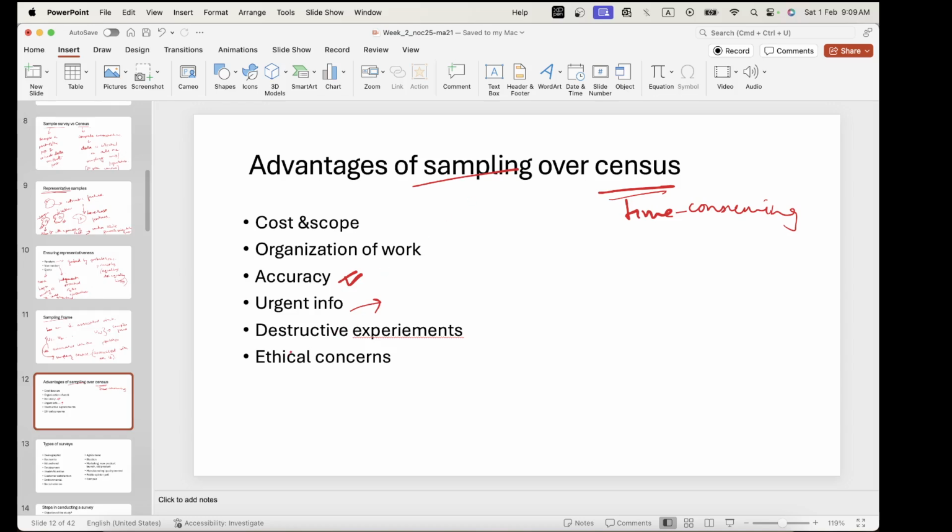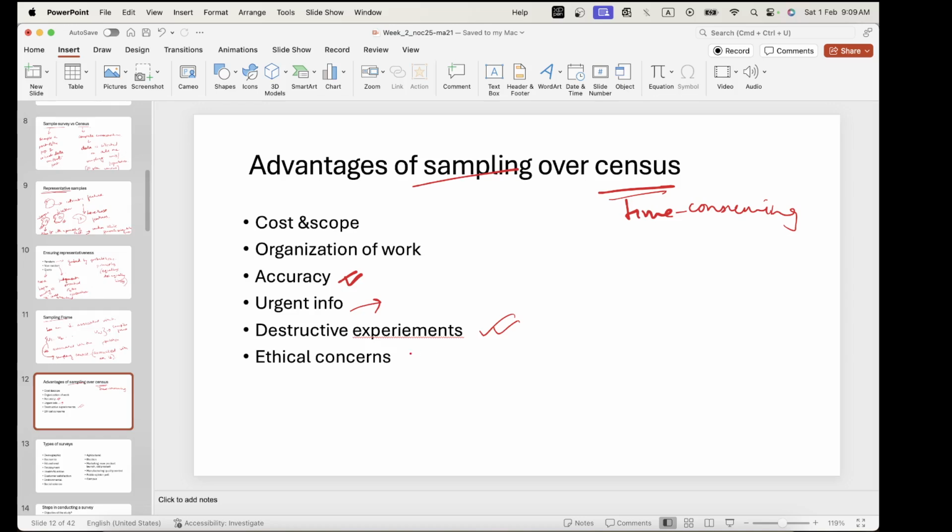Especially in quality control, if you manufacture items and want to test them out, that would be destructive, so in those cases sampling is the only answer. In some cases there would be ethical concerns.